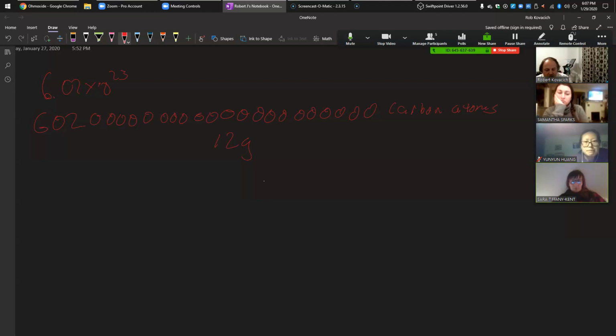Because the number on the periodic table underneath the C says 12.01, so I just rounded to make it simple. That number underneath the C tells us the mass of a single carbon atom in atomic mass units, but when is anybody ever going to ask you to go get a single carbon atom? That doesn't make any sense.